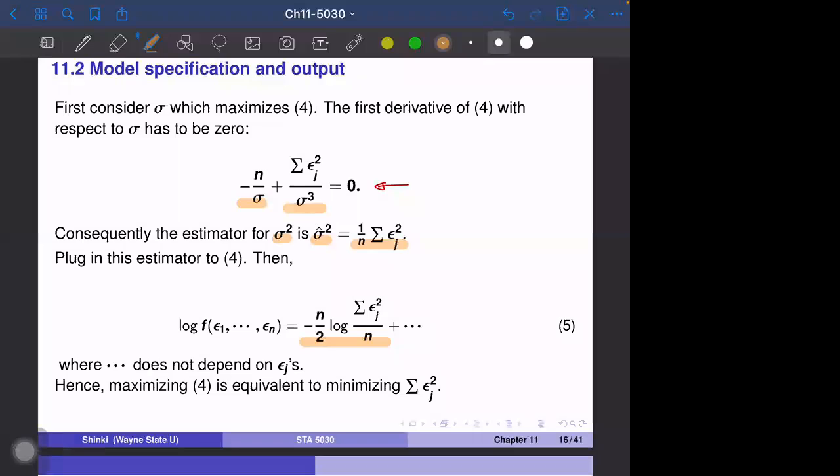The maximum likelihood estimator maximizes this quantity, but this is the negative log of this function, so basically we have to minimize this quantity.